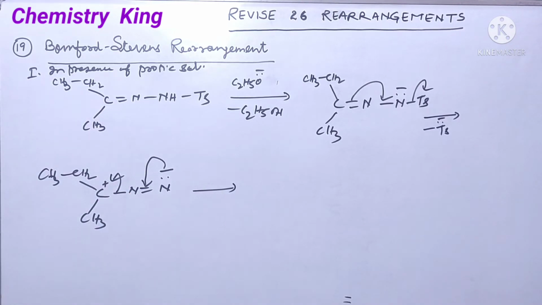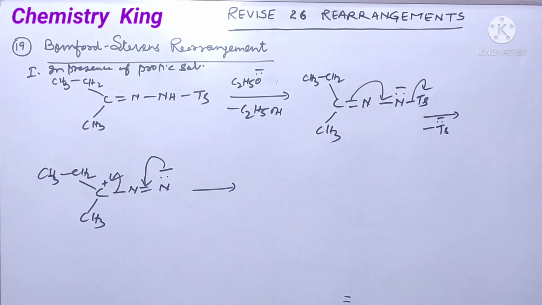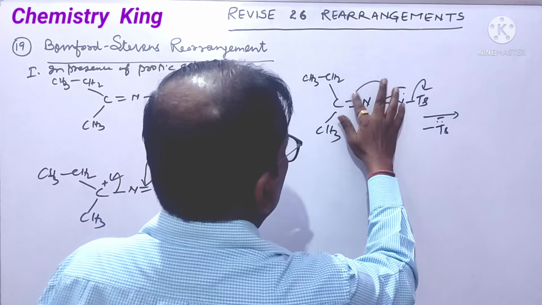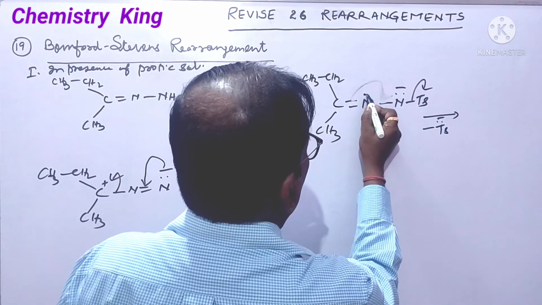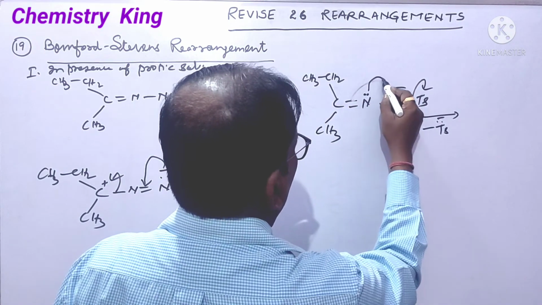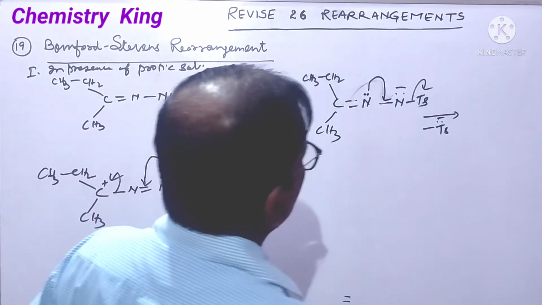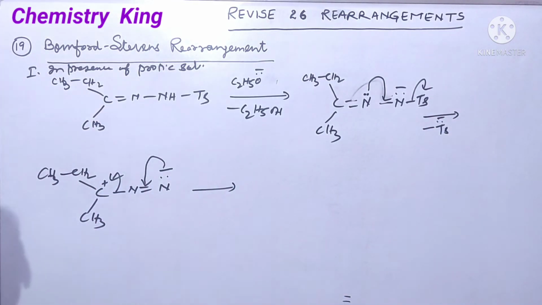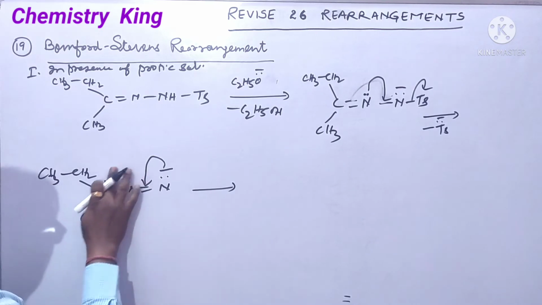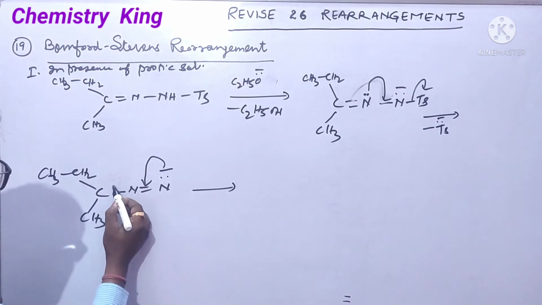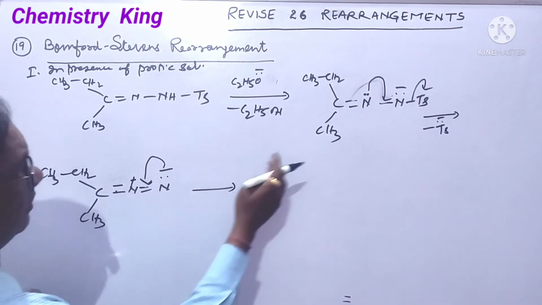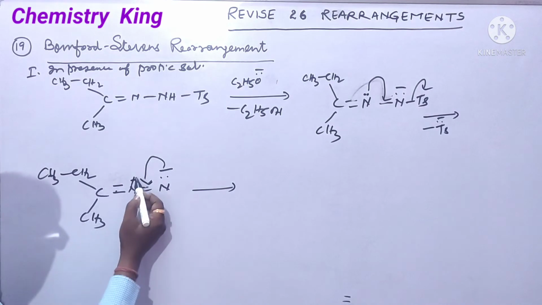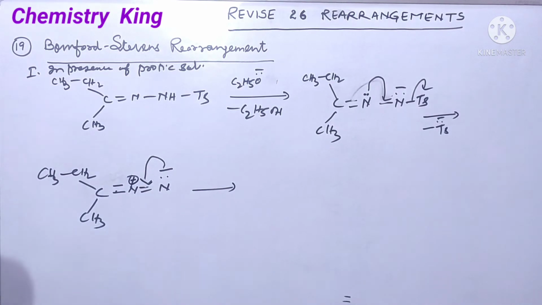Sorry, better to write here, friends. Lone pair of electrons is here. This lone pair will come here and this tosyl anion is released. Okay. Now here double bond is here and the plus charge will be here.